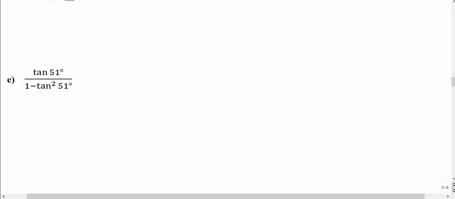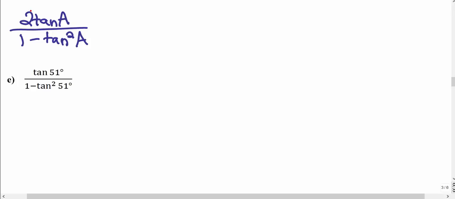Part E, we have tangent of 51 degrees divided by 1 minus tangent squared of 51 degrees. This is very close to our double angle identity for tangent. However, it's not quite the same. The double angle identity for tangent is 2 times tangent of some angle divided by 1 minus tangent squared of that same angle. Do we notice what's missing from the expression that we are given?